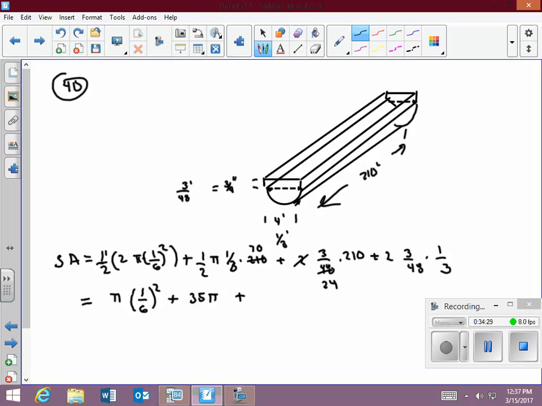We can go 3 into 24, can't we? We can take a 2 out. Can't take a 4. 105. At least we got it down to there. 3 goes there, and this goes into 24.